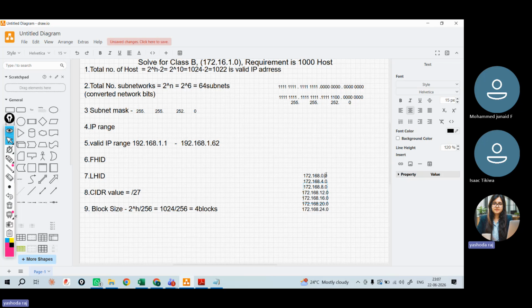So what is the end of this range? For this, what is the previous IP before 172.16.4.0? Is this 3.255?